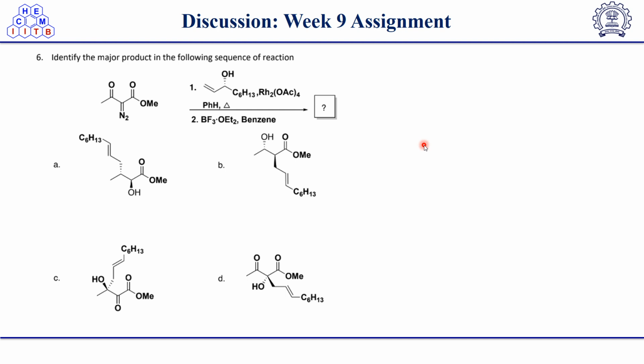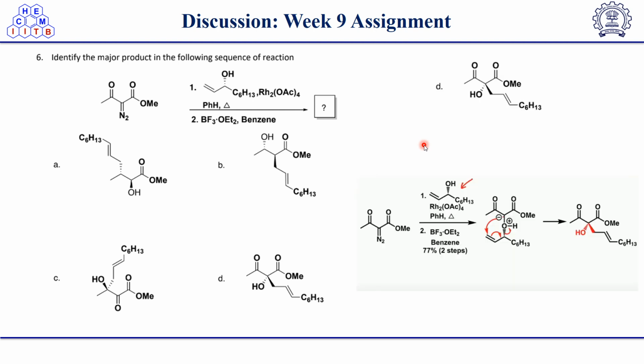So here, first through this carbenoid intermediate, this particular position of the alkene will be attacked by this group, and we will get this kind of intermediate forming in the first step. That is, this hydroxyl group will be attacked to here O, and this carbon, and then this allyl group.